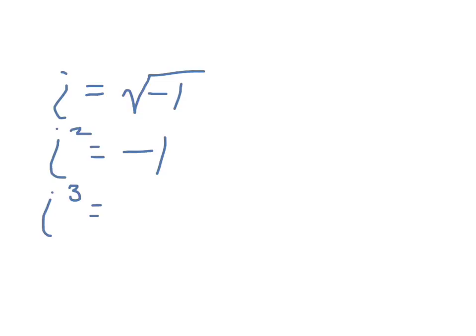So I to the third is really like saying I squared times I, because 1 plus 2 equals 3. But what was I squared? Negative 1. So it's really like saying negative 1 times I. What's negative 1 times I? Negative I, good.